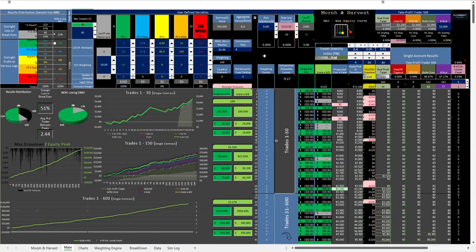It does not change your performance. If you are a 60-40 trader, if your profit target is 3R and you're doing 6 contracts, and your stop loss is 120, this application does not change any of those metrics.